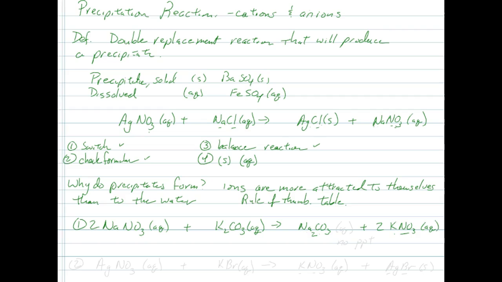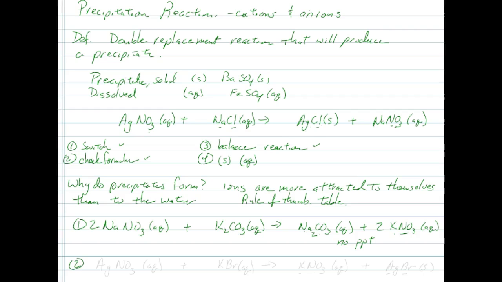And then you look up on your rule of thumb table, CO3. CO3 does not form a solid with the Na, so it too is aqueous. If both of your products are aqueous, you write down no PPT, which is precipitate.